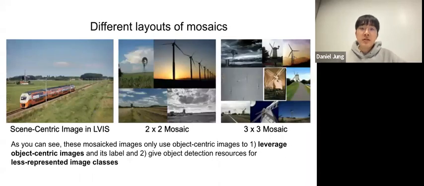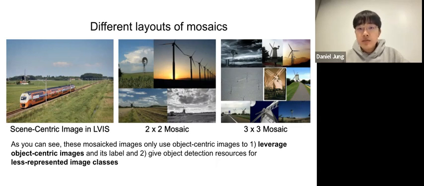There are also different layouts of mosaics used in this method. For example, on the left is just a scene-centric image in the LVIS dataset. This is a regular image, but they are also using a 2x2 mosaic, which is just a concatenation of 4 images, and a 3x3 mosaic, which is also just a concatenation of 9 images.